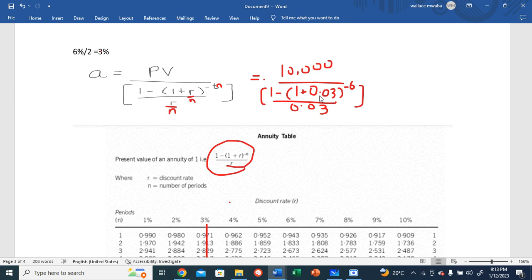Remember BODMAS. You start with 1 plus 0.03, that's 1.03. Then you say 1.03 to the power negative 6. What value do you get?